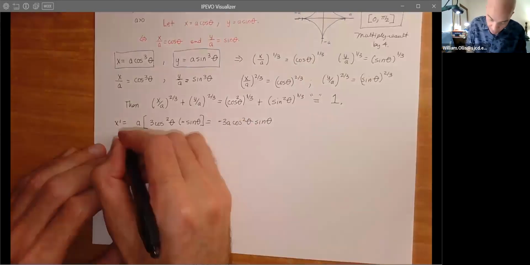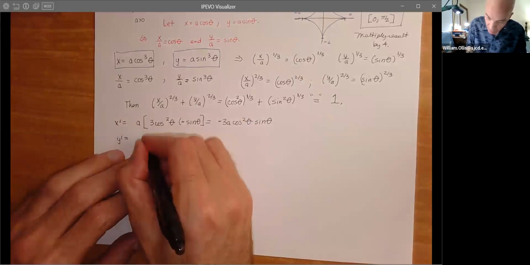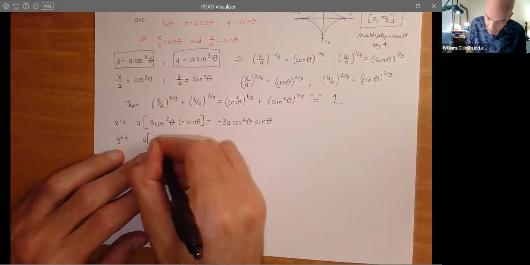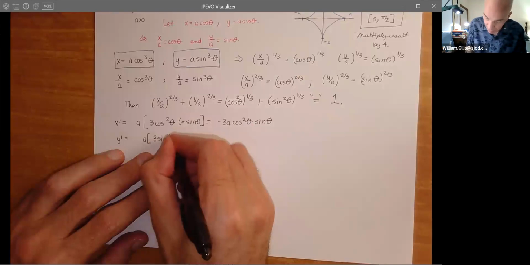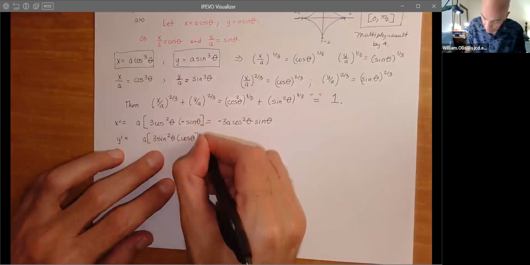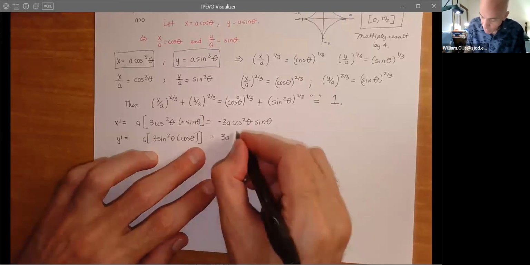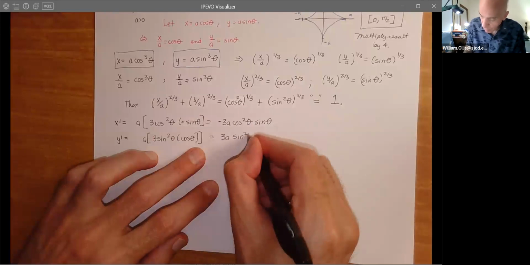And then y prime, we've got an a, so that'll be a 3 sine squared theta times a cosine theta. And that'll give us 3a sine squared theta cosine theta.